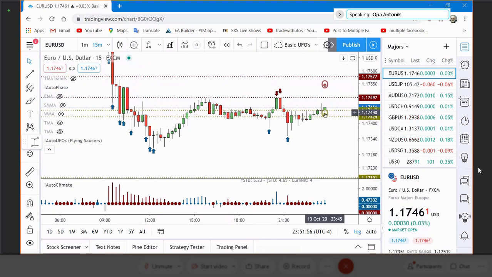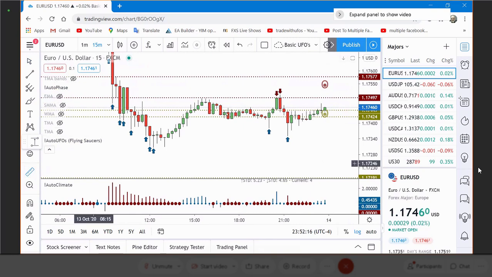Buy zone here, and going up to this sell zone. So we could put a stop just below the sell zone, and let's take a quick measurement.